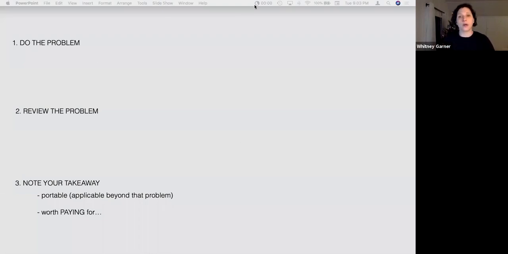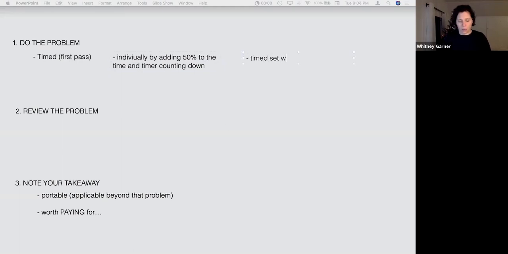So in step 1, while you're doing the problem, you're always going to do it timed, first pass. You can either do it individually by adding about 50% to the time and using a timer counting down, or you can do it as a timed set with exact time allotted.